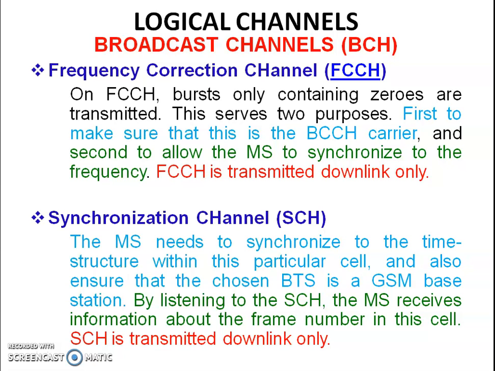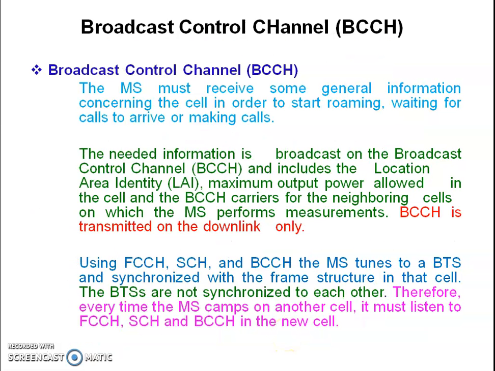This synchronization is related to the time frame structure, in which time slot a particular user is going to be placed. That kind of information this synchronization channel handles. SCH is transmitted downlink only.